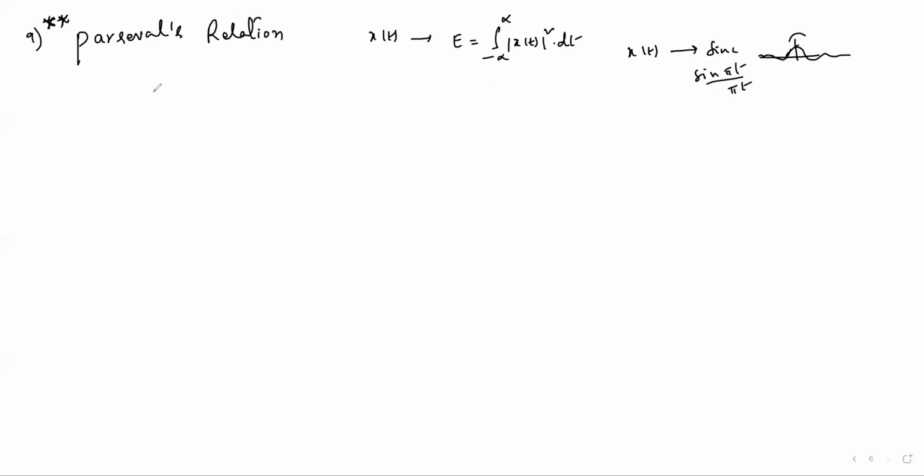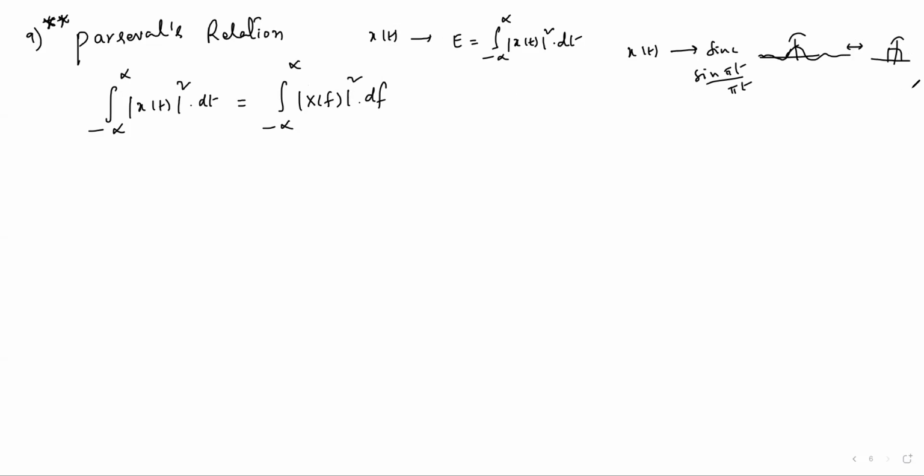So this Parseval's relation says that this expression is equivalent to what is observed in frequency domain. So minus infinity to plus infinity x of t whole square dt is equivalent to minus infinity to plus infinity of the frequency domain signal, same expression in x of f. Because sinc function Fourier transform, we know, is a rectangular function.